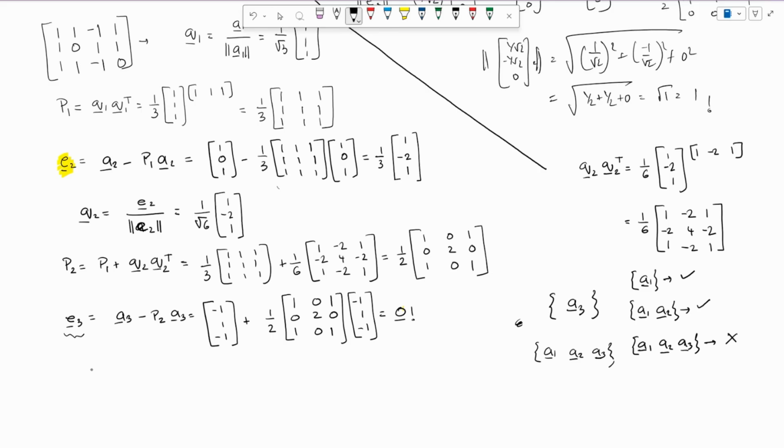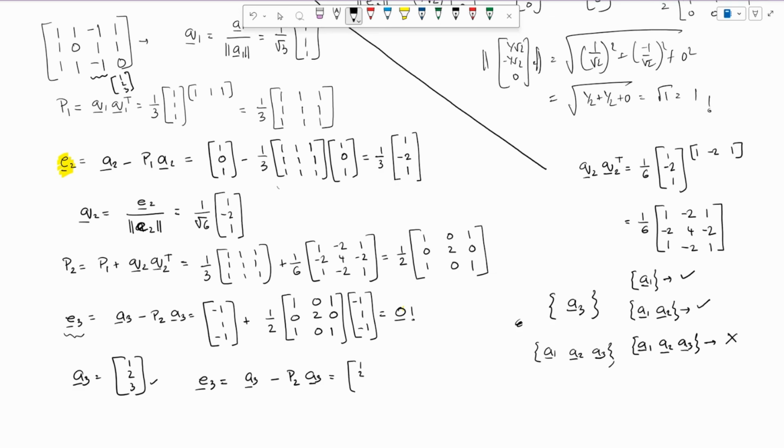Okay? If I had taken a different A3, let's say A3 was 1, 2, 3. Now let's compute E3 for this. So this will be the new A3 minus P2 A3. I've only changed the third column. I've replaced this with 1, 2, 3. So P2 does not change, so I can just do the same computations.